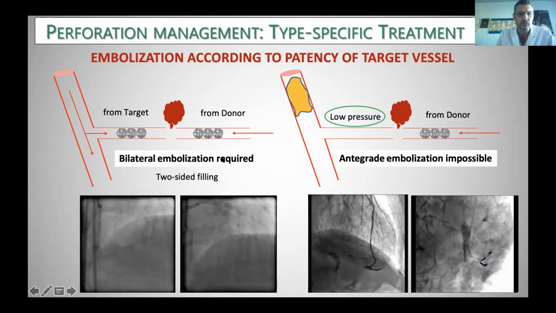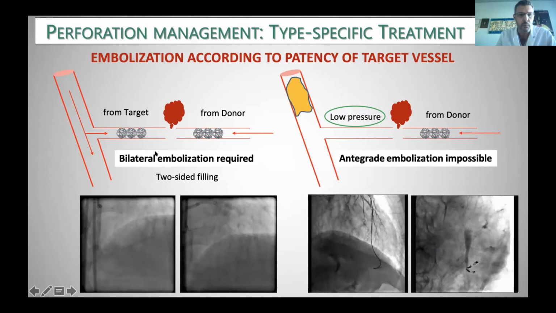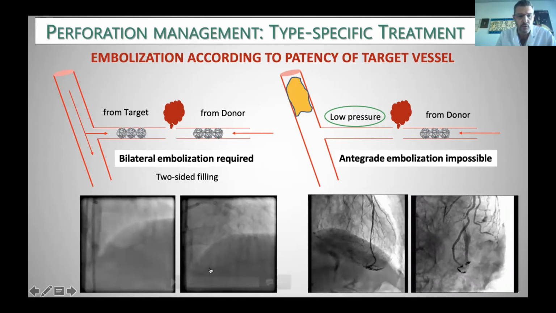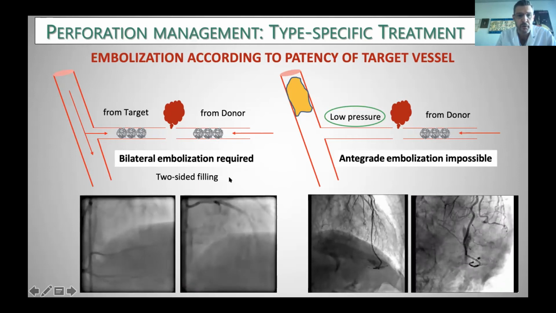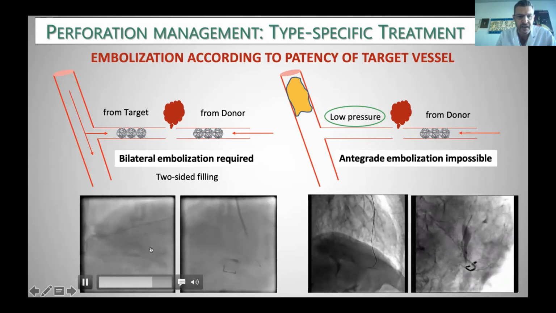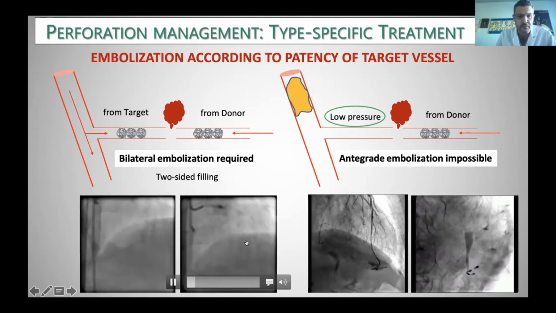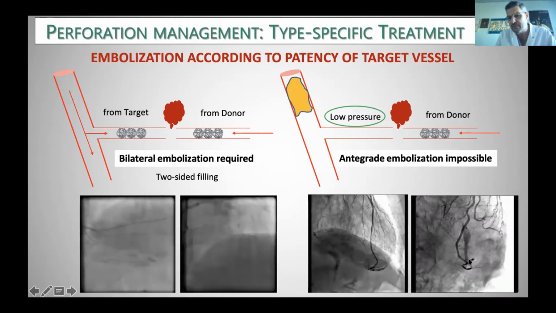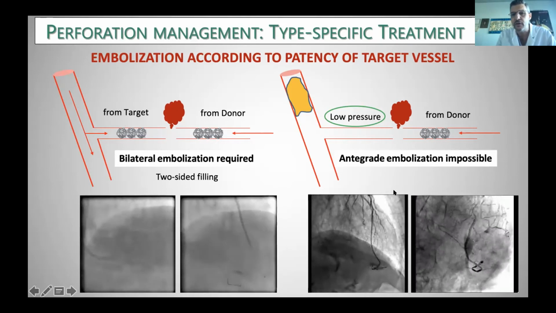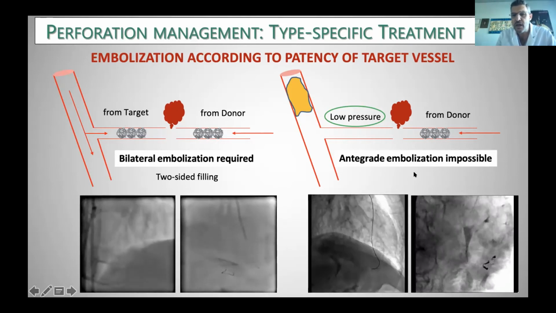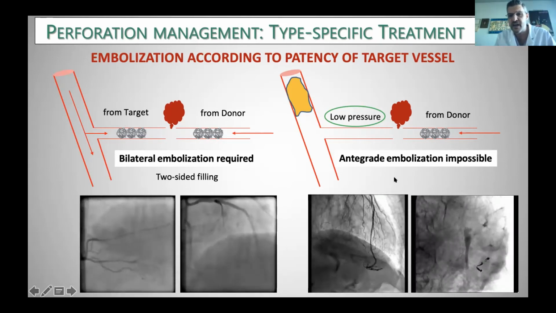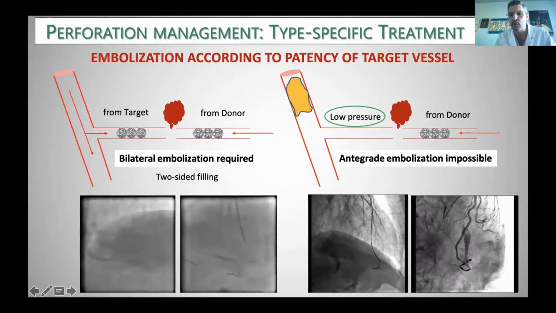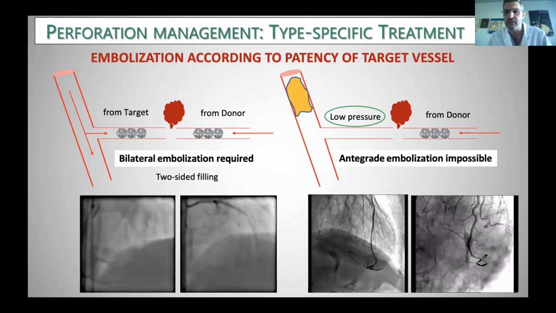So in case we successfully reopen the vessel, we have to go on with distal embolization from both sides, because the filling, as you can appreciate here, arises from both vessels, donor vessel and target vessel. Differently, if we have a perforation before we open the CTO, embolization from both sides is of course impossible. And so we have to embolize only from the donor vessel.